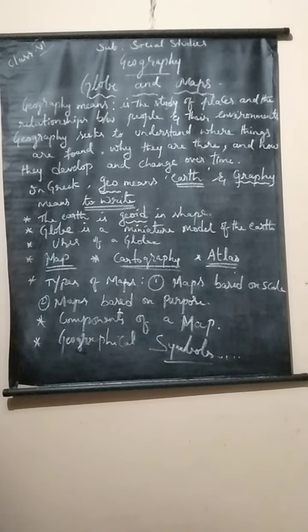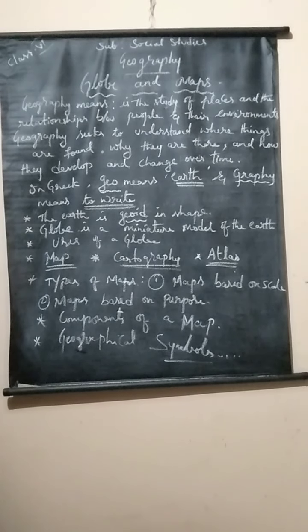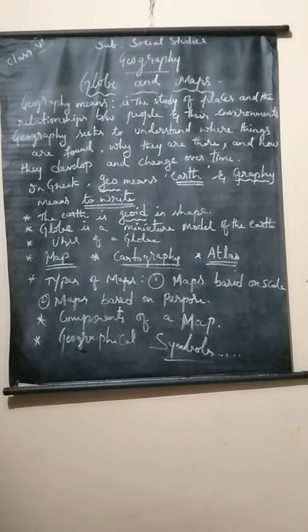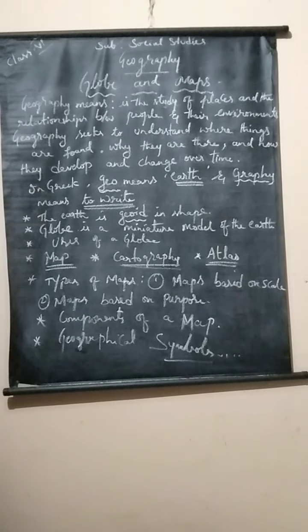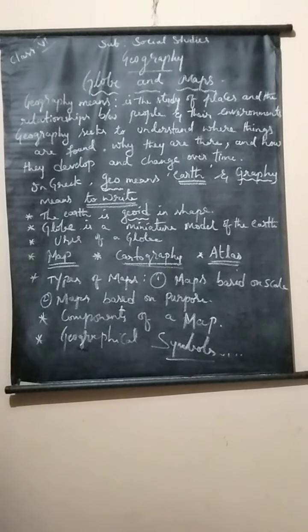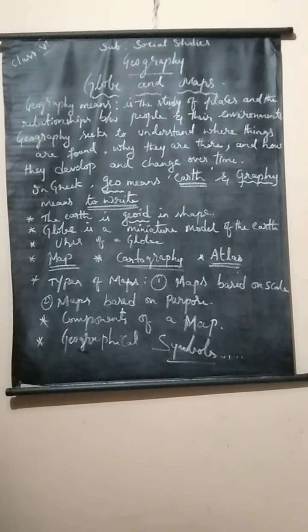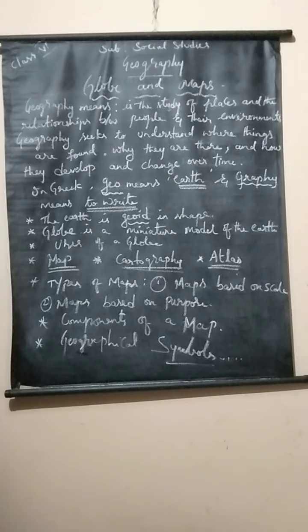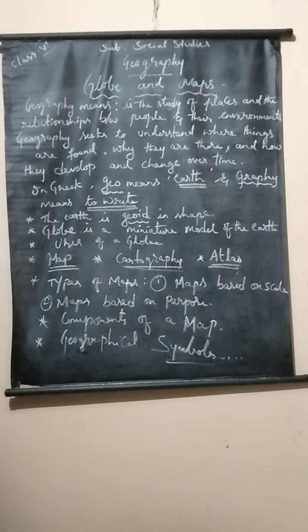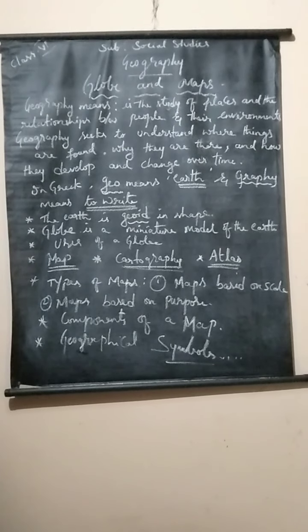Besides, different colors are used for political maps to show the different political divisions. Different lines and symbols with different colors are drawn on a map to show the roads, railways, airways, etc.